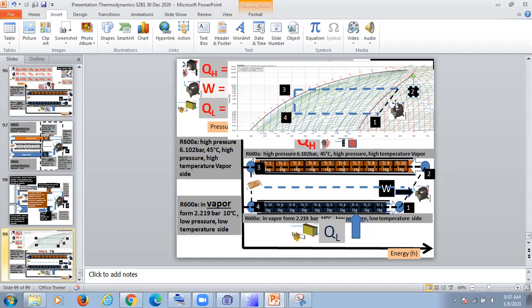So that's how points 1, 2, 3, and 4 take place, meaning there are corresponding processes.